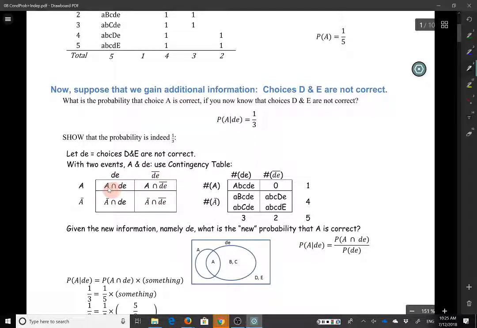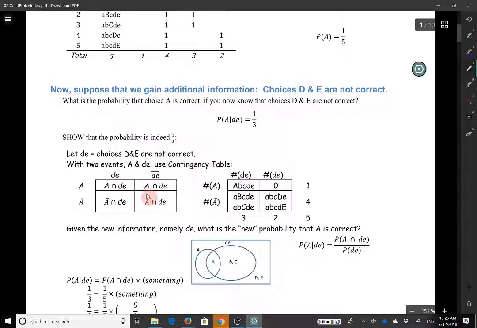For conditional probability, we need 2 events, a main event and some other event, and we condition on the other event. So how do we represent the new information?